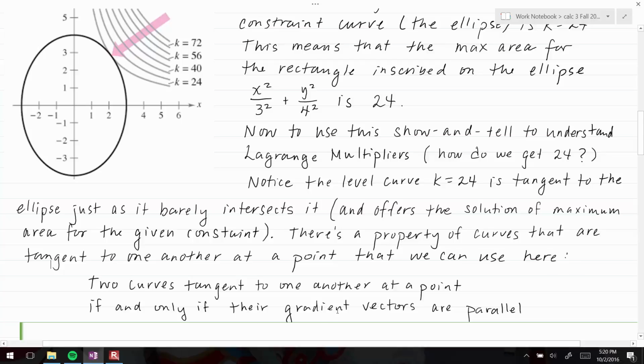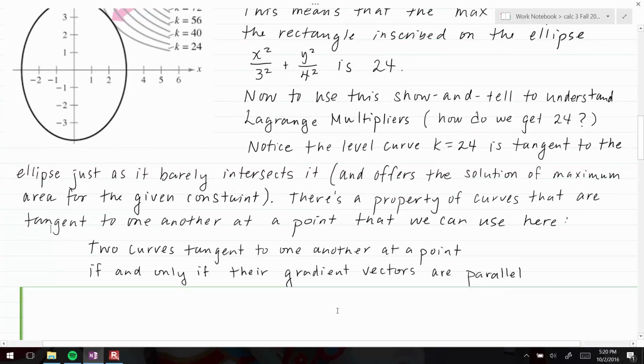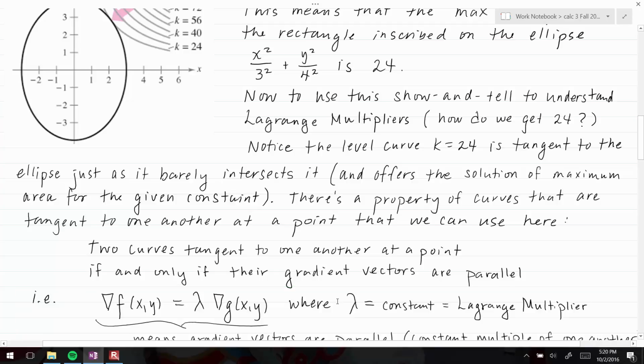Back in section 14.6, we talked about gradients, and you can maybe appreciate some of this from that, but I'm not going to go into details there. With our knowledge of vectors, gradients are vectors, so if we were to write that relationship down with notation, it would look like this.